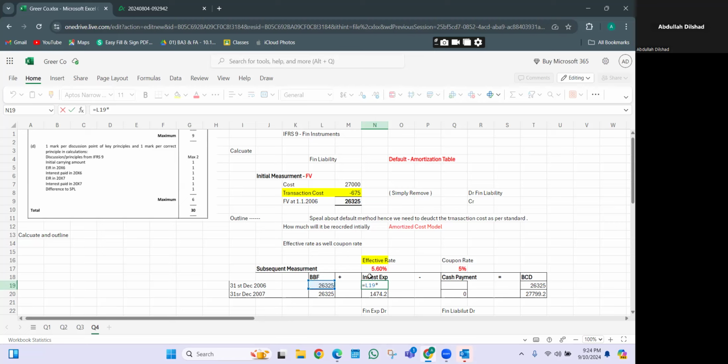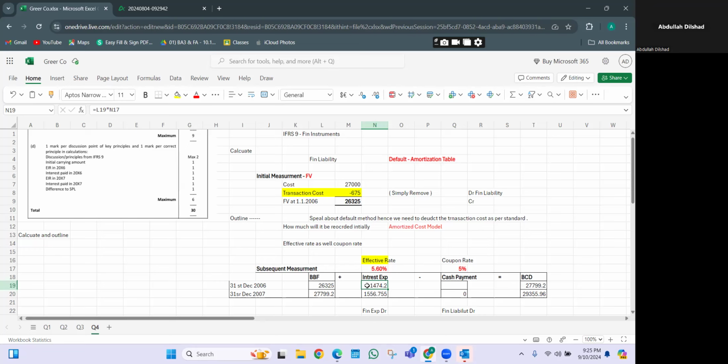So 26,325 at an interest rate of 5.60% per annum, you all will be getting an interest expense of 1,474.2. You all can round it off to one decimal place.